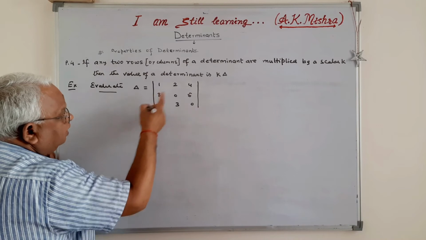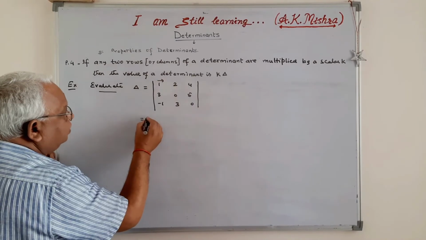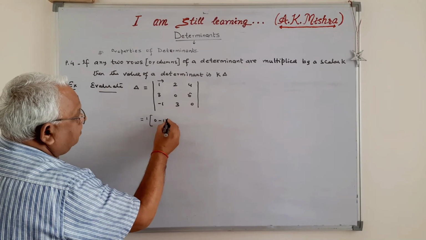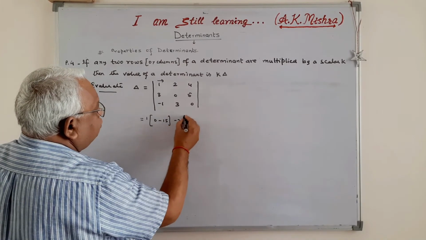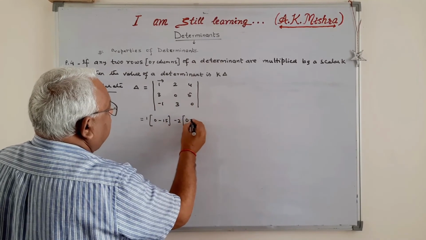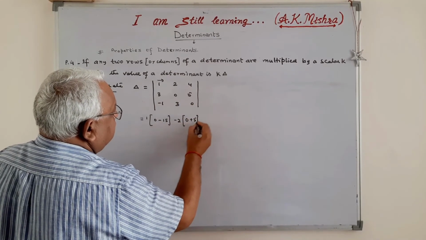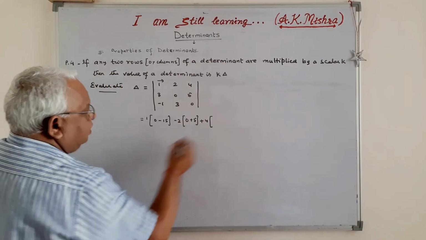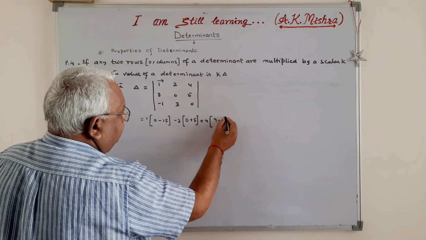And let us expand by using the first row. 1 into (0 minus 15) minus 2 times (0 plus 5) plus 4 times (9 minus 0).